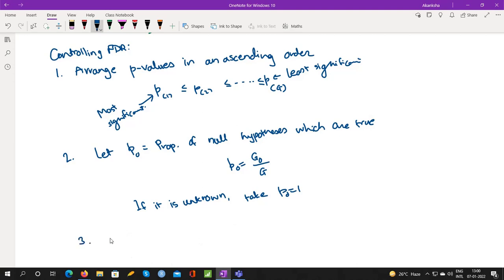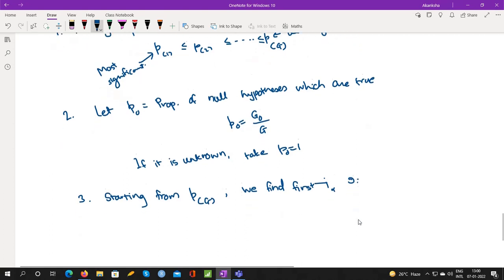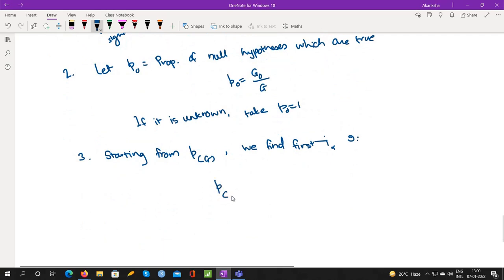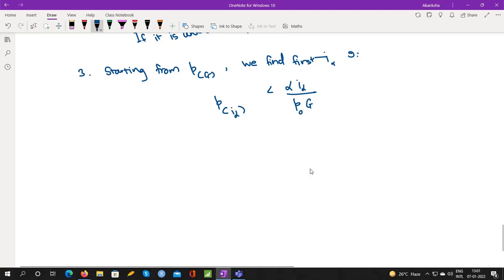Then what you do, starting from the end point, starting from p ordered G, the Gth ordered p value, we find the first i alpha such that p ordered i alpha is less than alpha times i alpha upon p naught G. Let me explain what this means.